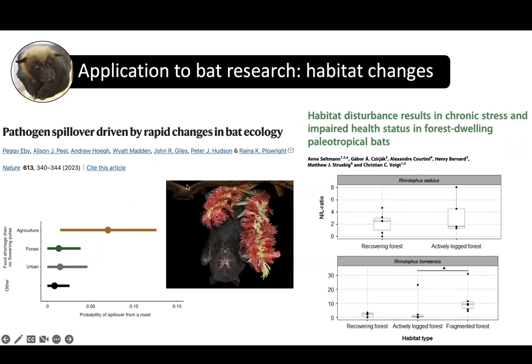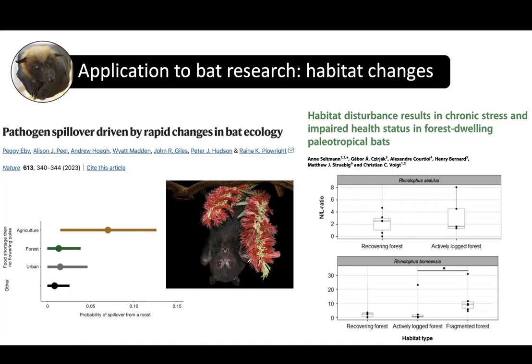This data shows that bats are responding to environmental change by adopting behaviors that were previously not their default behaviors in response to nutritional stress. So interactions between land use change and climate now lead to persistent bat residency in agricultural areas where horses are. And so that could increase the risk of a spillover from a bat to a horse.